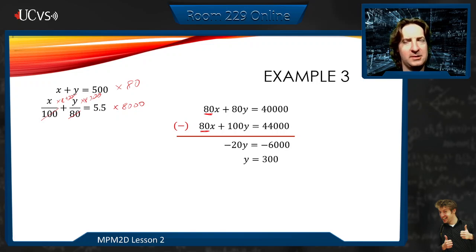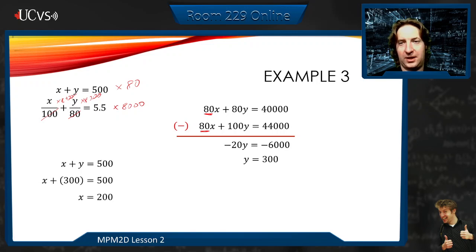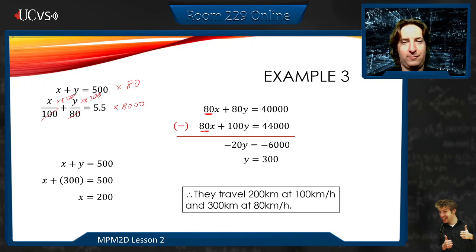What was y? y was how far I traveled at 80 kilometers an hour. So 300 kilometers traveled at 80 kilometers per hour. And quite obviously, that means the distance traveled at 100 kilometers per hour is going to be 200, because they have to add up to 500. Or just plugging it in, I end up with 200 kilometers. And again, therefore statement, and we're finished.